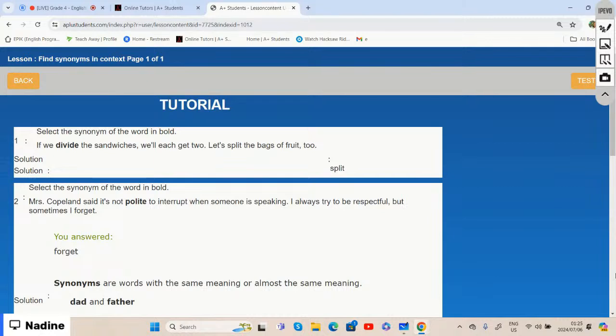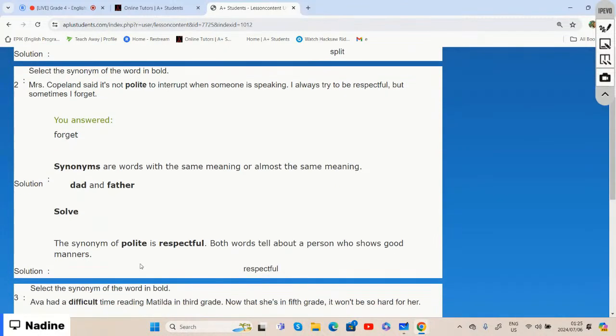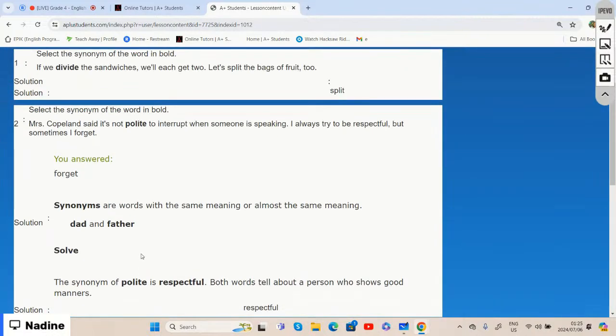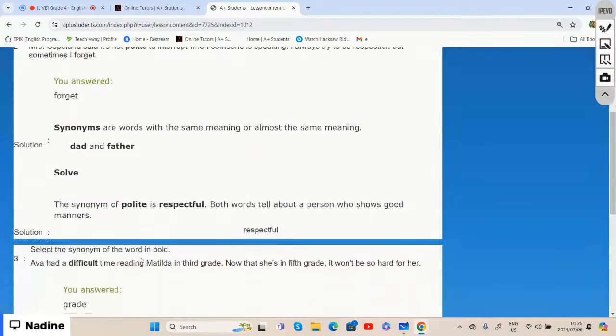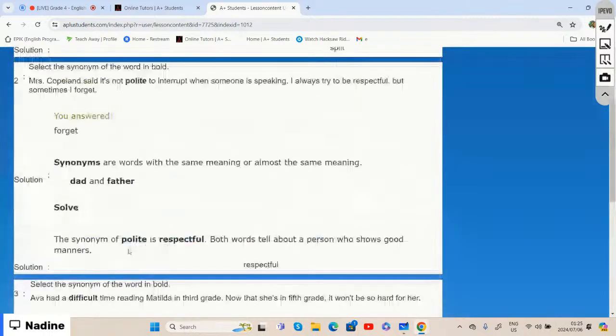So it says once again that synonyms are words with the same meaning or almost the same meaning, right? So let's look at our activity before we go on to our test.